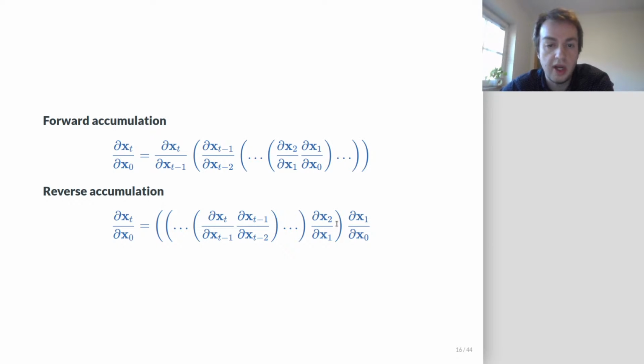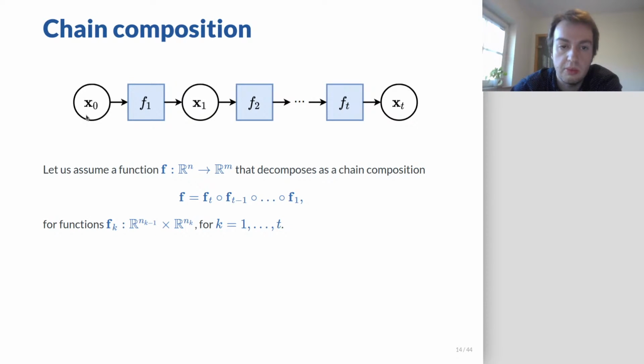And so of these two ways of computing these Jacobians, the first one is called forward accumulation. It's called forward because you start with x0, x1, and then you go forward in the direction of the composition, right? So you compute the product by going from the left to the right.